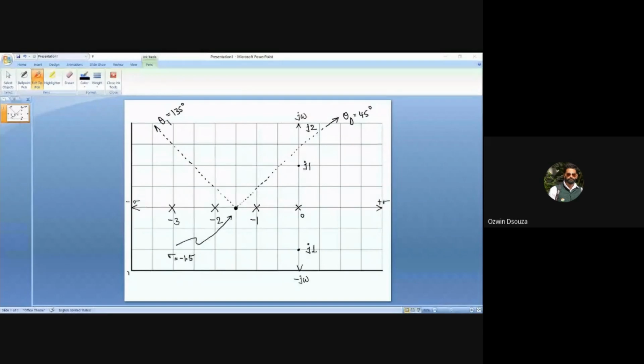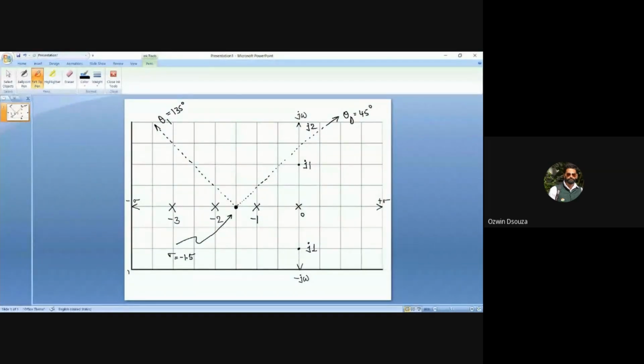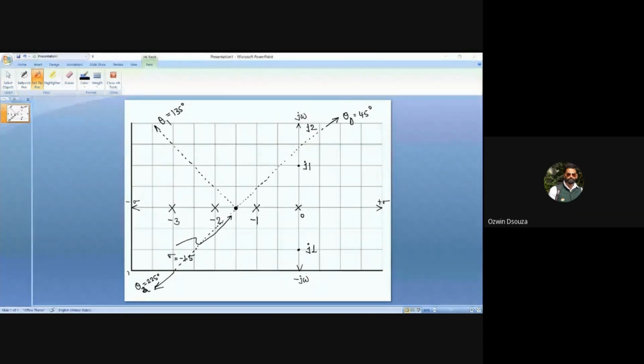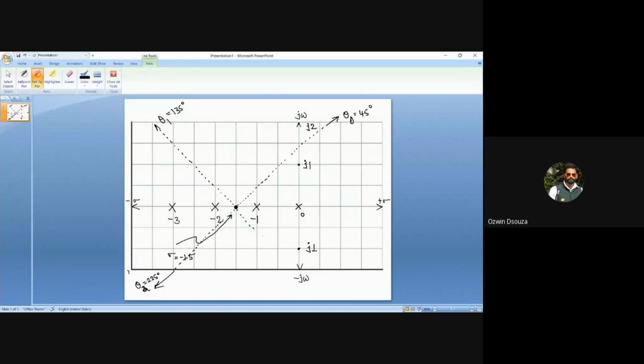And then comes 225 degrees, theta 2. And then finally you have theta 3, which is drawn at an angle of 315.